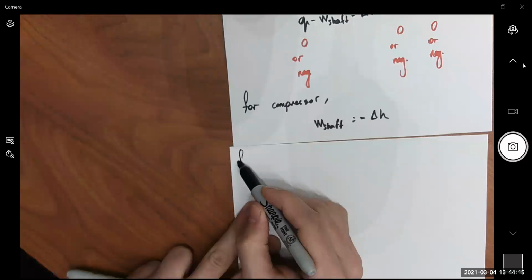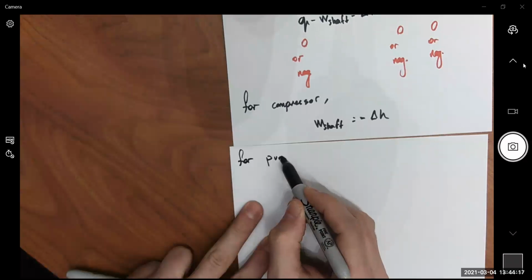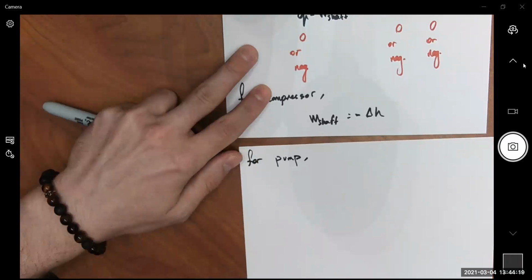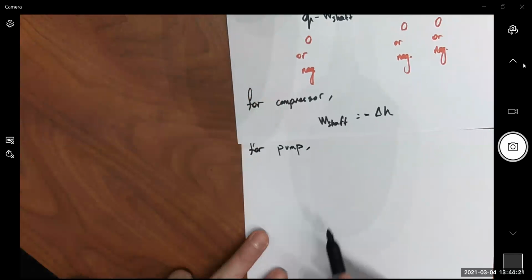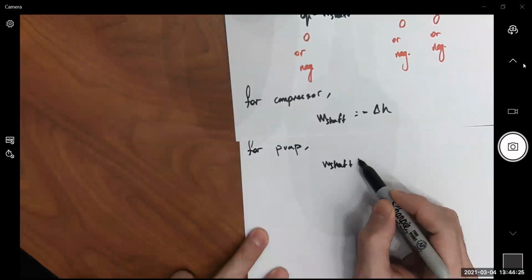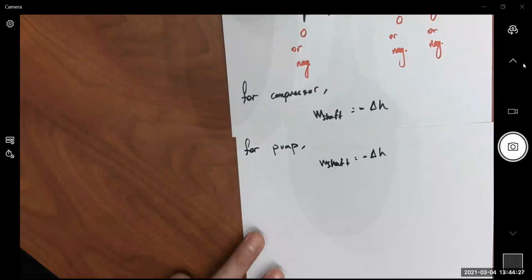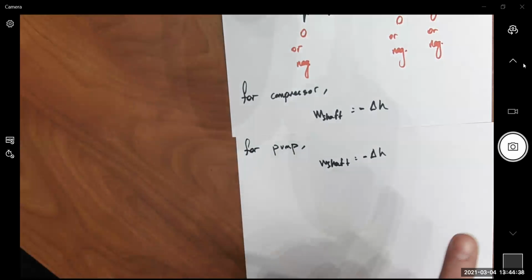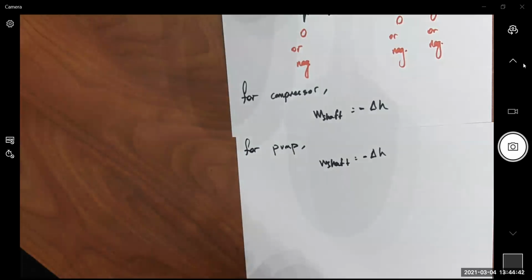And for pump, also work shaft equals minus delta H, but with a little bit of difference. With the substance they operate, the difference between compressor and pump is they function with different substances.